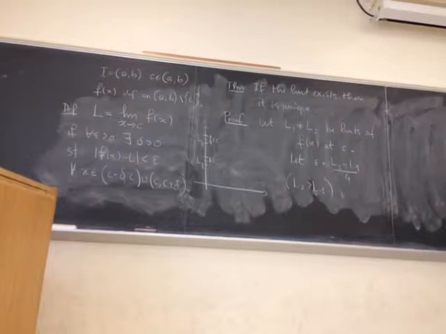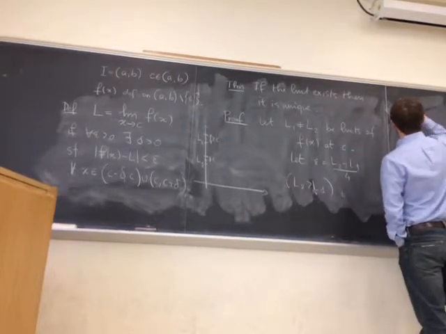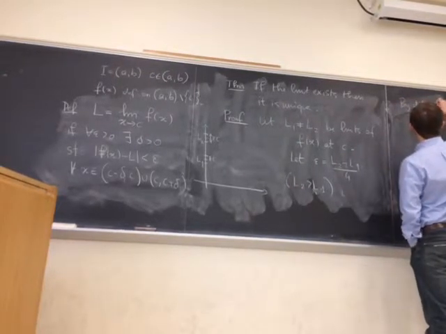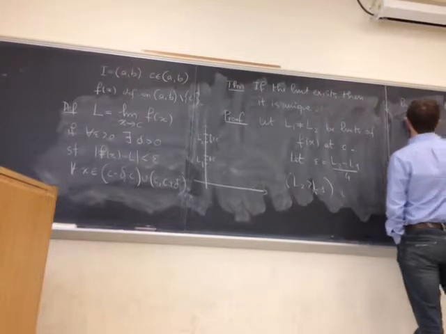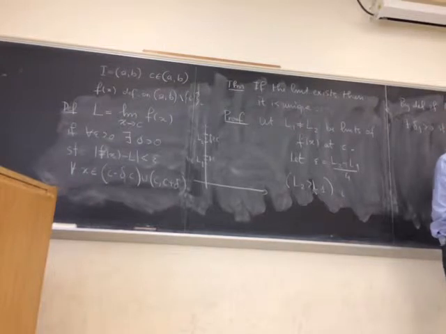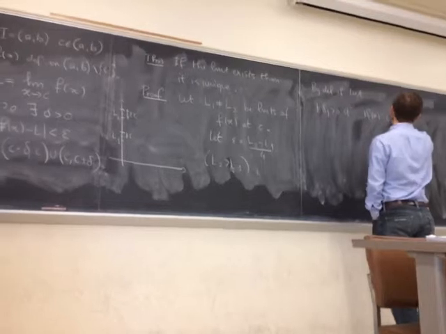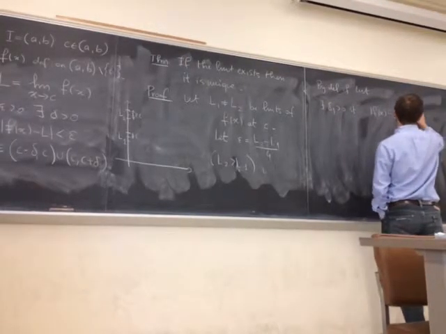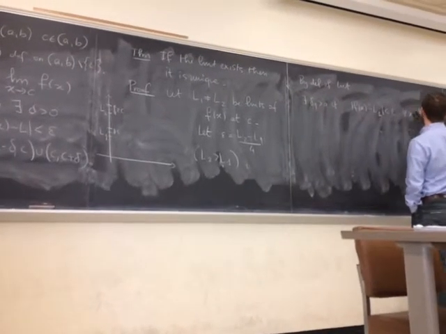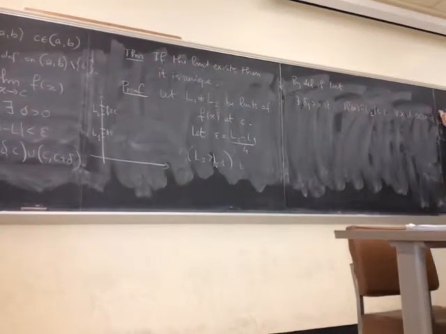Okay, so given this, I can find, by the definition of limit, some positive number delta 1 such that f of x takes values in an epsilon neighborhood of L1 for every x such that the distance from c is positive and less than delta 1.